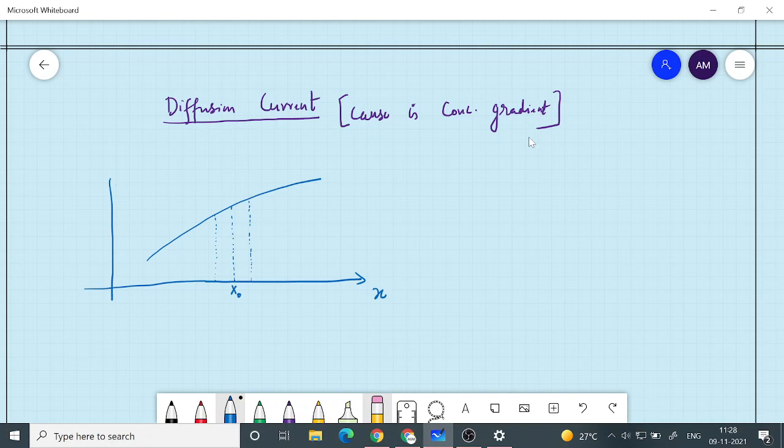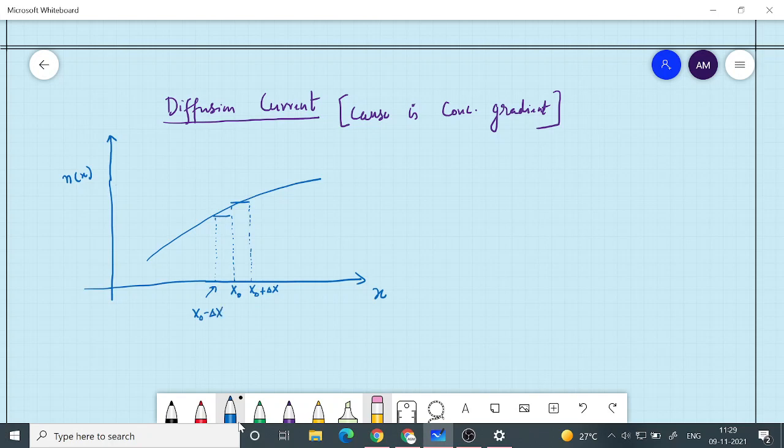So we have a point x0 on the x-axis, and what I have plotted here is the concentration of electrons as a function of distance. Now I am going to approximate this curve this way. This is x0 plus delta x, and this point is x0 minus delta x.